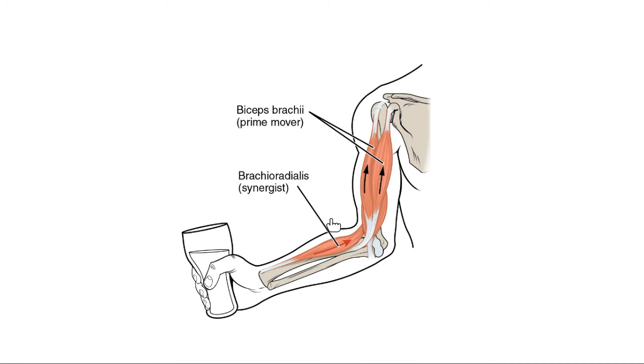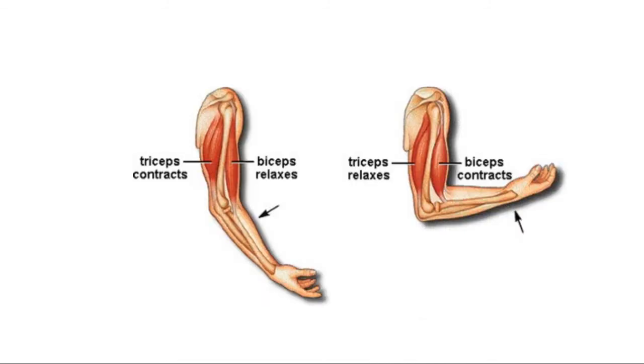But just like in physics, for every action, there's an equal and opposite reaction, the physicists like to say. For every prime mover, we were just talking about the biceps as the prime mover of picking something up, we always have to have an antagonist. An antagonist is a muscle that does the opposite of what the prime mover does.